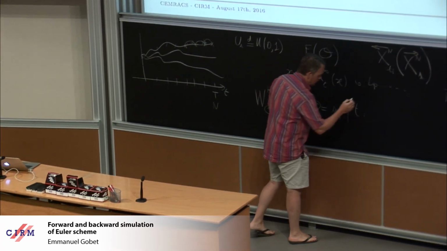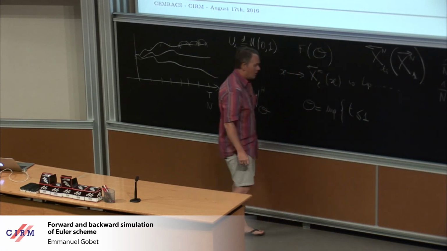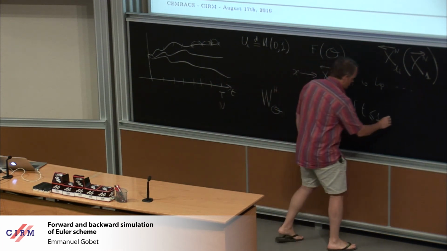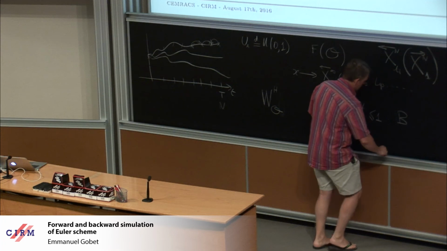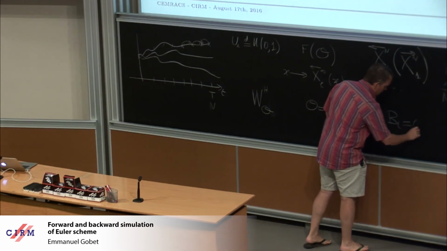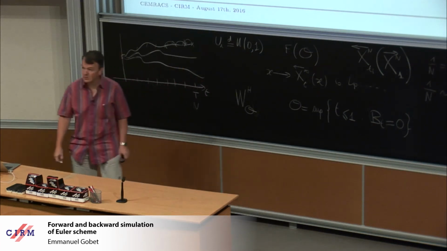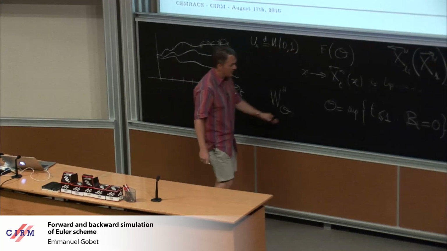So typically it could be the sup, the last time before 1 such that another process is 0. So the last zero of another Brownian motion of your choice. Of course, this is not a stopping time.